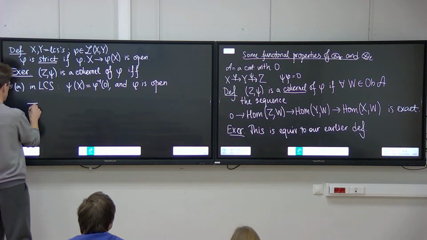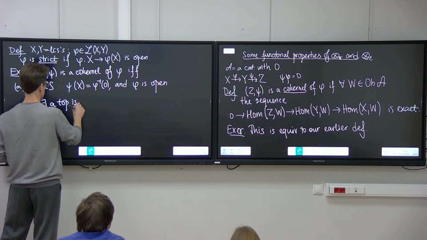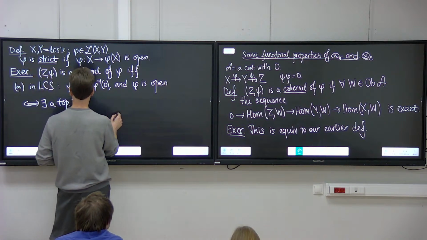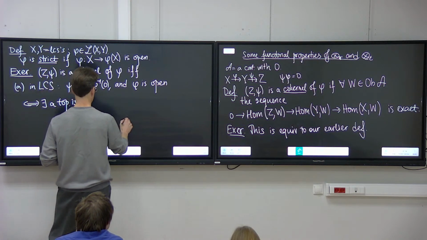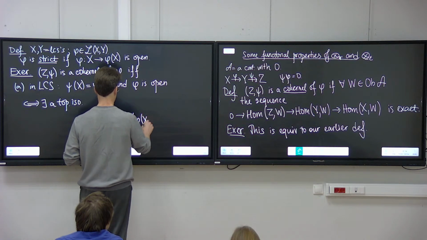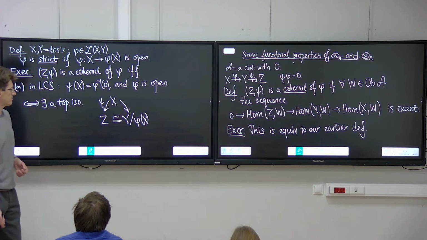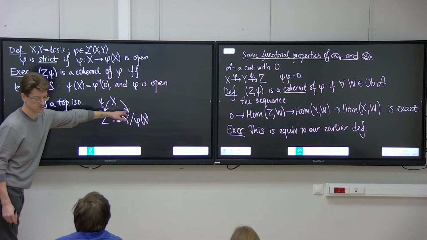Or equivalently, this can be written as follows. There exists a topological isomorphism between z and the quotient of y modulo phi of x, such that the following diagram commutes.